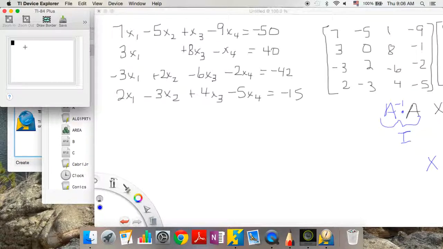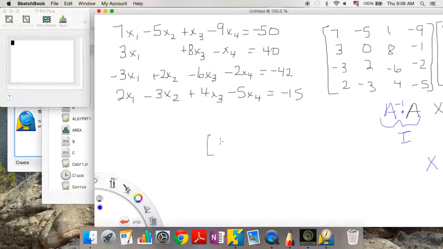So if we want to solve this, well, we said over here that by multiplying our, let's see, mine's called C, the coefficient matrix C. If I multiply the inverse of that times that answer matrix, which I call D in my calculator, then I'm going to get my X values.